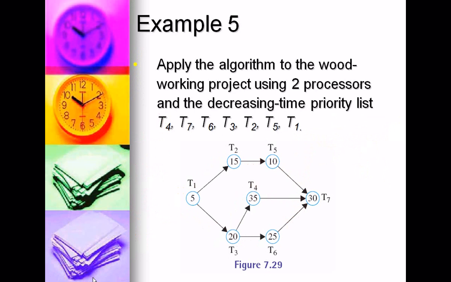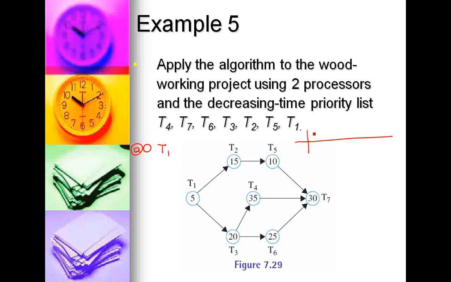Alright, decreasing time priority list. 2 processors. So at 0, T1 is ready. So we don't have anything else for 0. So at 5 minutes, T1 is complete.